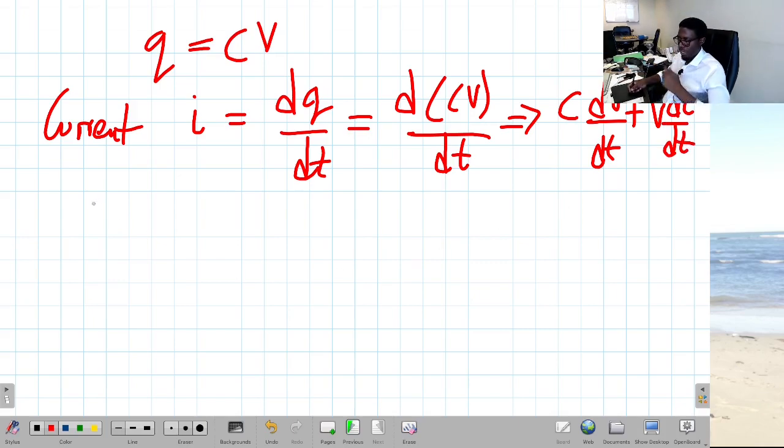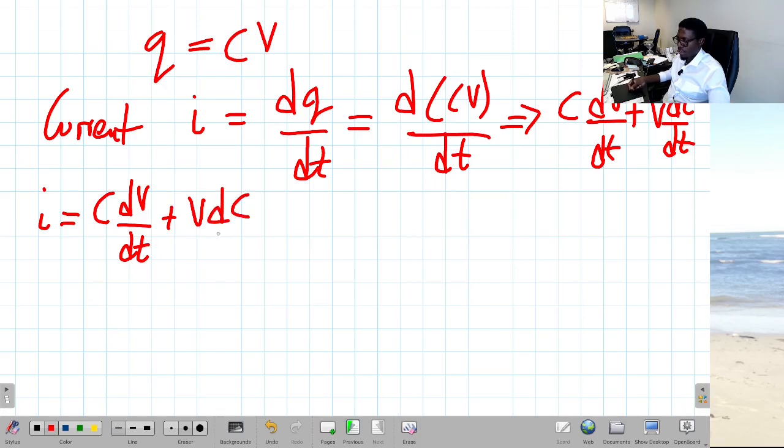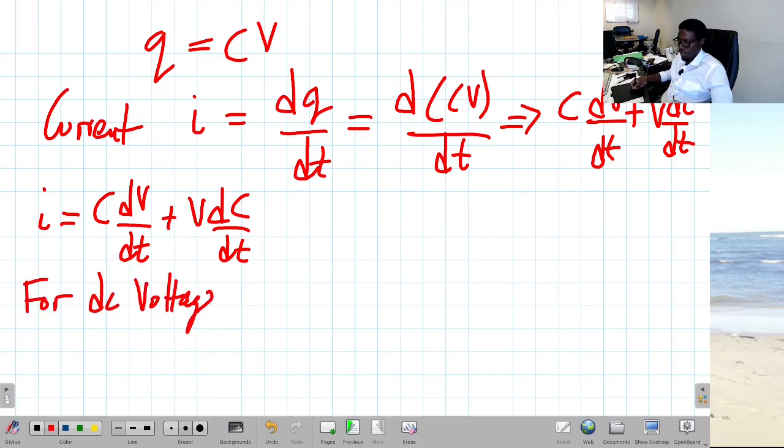Okay, so we are saying the current now is C dV/dt plus V dC/dt. Now, for a DC voltage, dV/dt is going to be equal to 0.